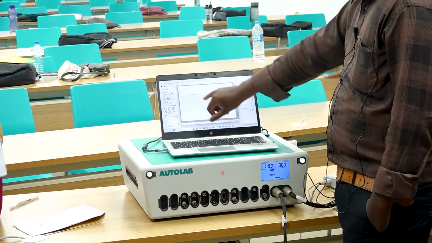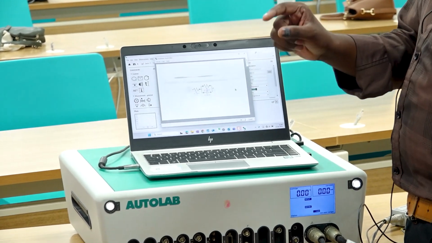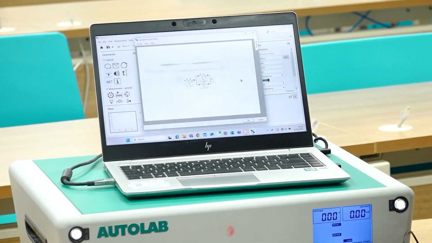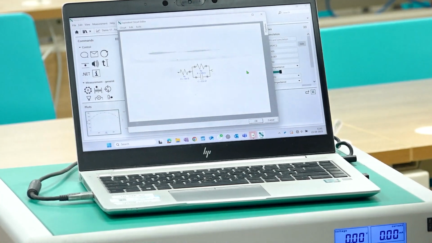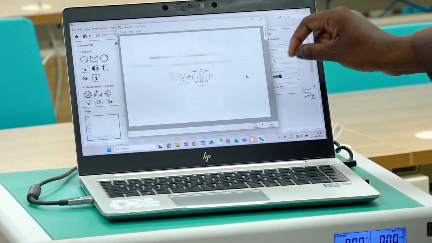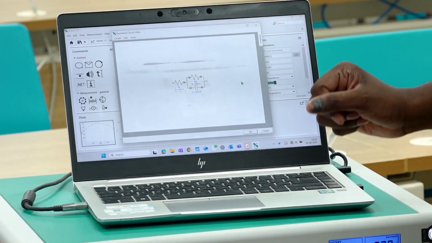In our graph, the first point is 100, that is the internal resistance. But in this circuit, how can you say this is the internal resistance?